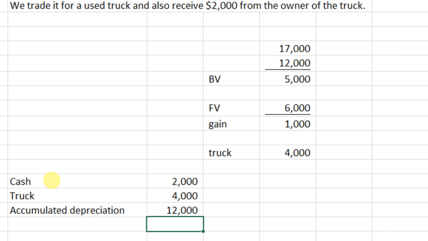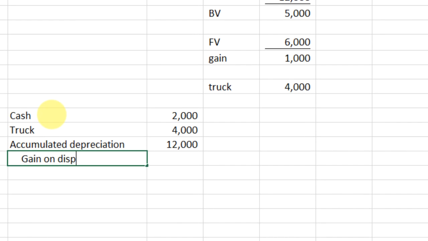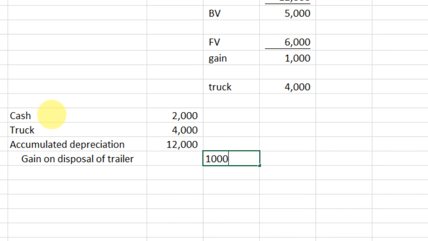Now, at the same time, we did calculate that we have a gain. And of course, gains are credits. So you can use an account something like this, gain on disposal of trailer. There's our $1,000.